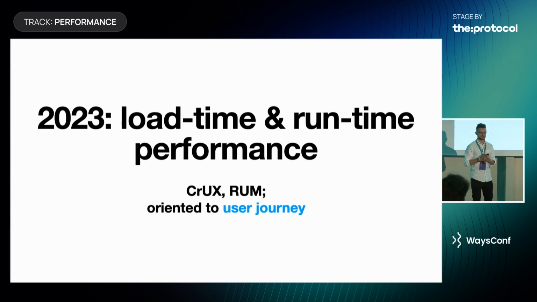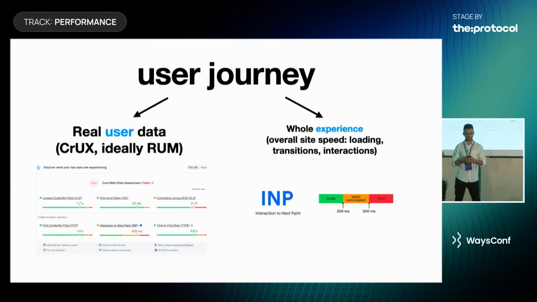Obviously, we have the Chrome User Experience Report, but in my opinion, it doesn't give appropriate results because it tracks only the Chrome browser, and there are no details, so we can't easily identify which element is affected, for example, by the INP metric. So the user journey is the keyword of this presentation. Real user data, ideally real user monitoring.